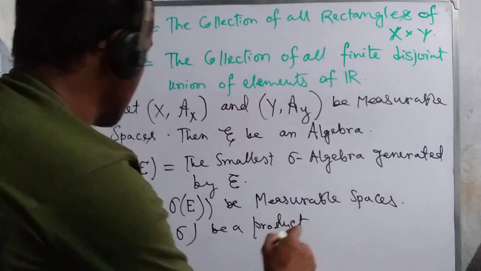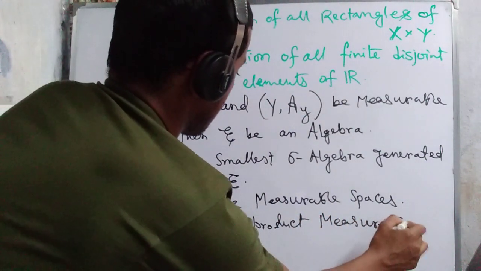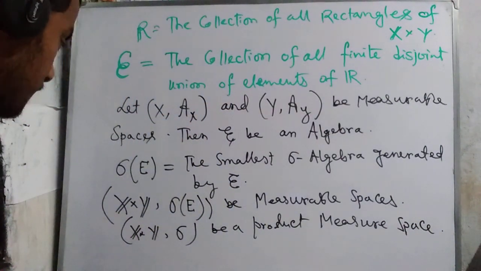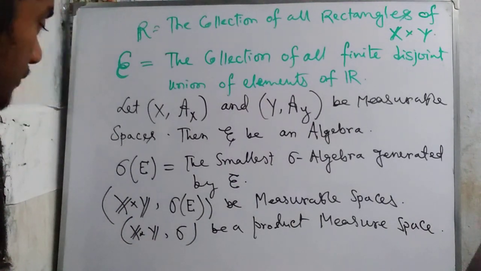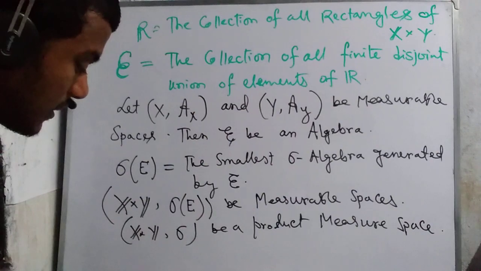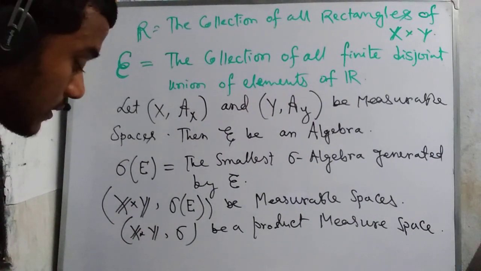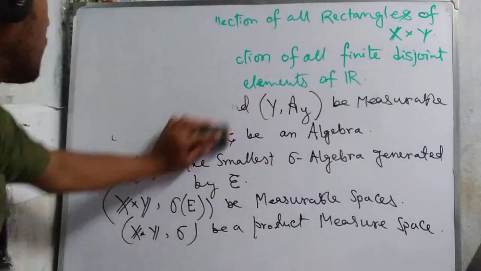Now sigma(epsilon) equals what? Sigma(epsilon) equals AX Cartesian product AY.